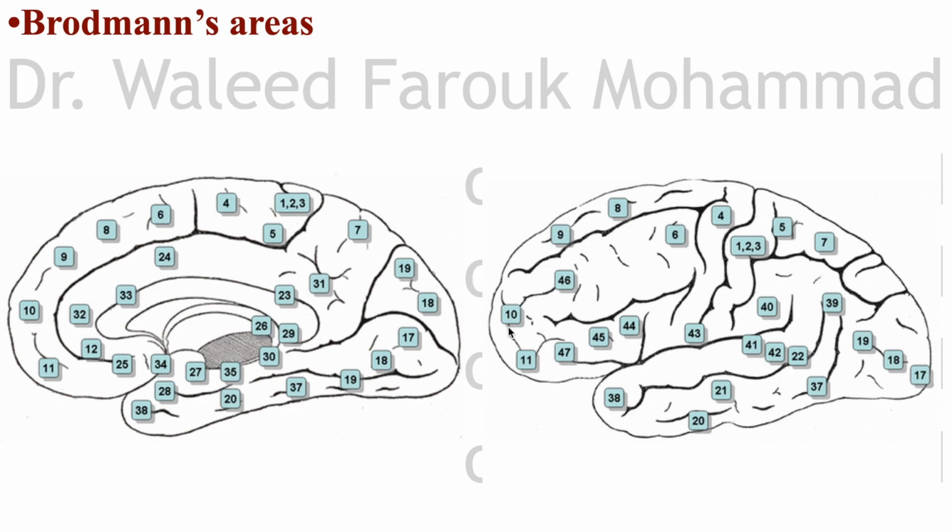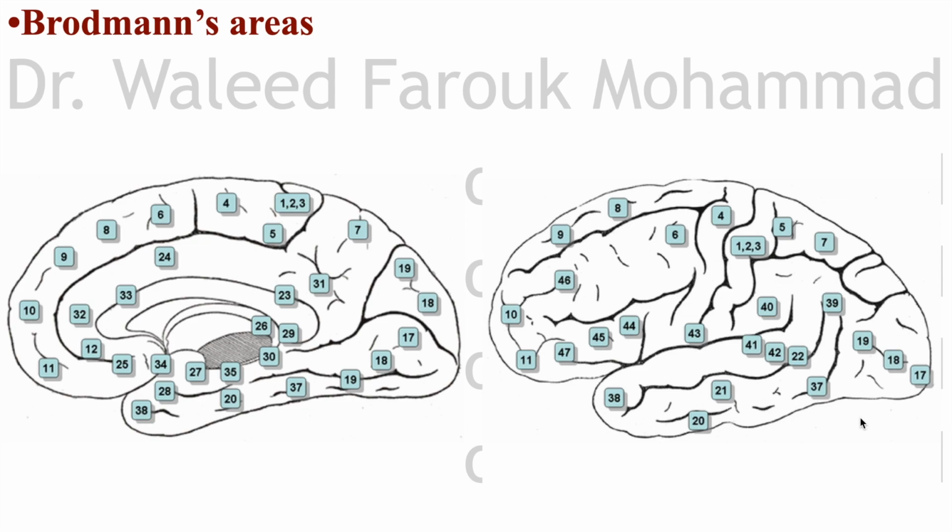Areas 9, 10, 11 belong to the frontal lobe of the brain, and they are behavioral areas; the personality lies here in the frontal lobe. Area 17, for example, is the primary visual area. 18 and 19 are the association visual areas, and so on.